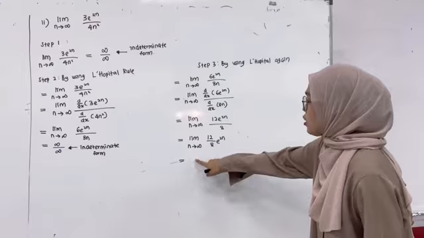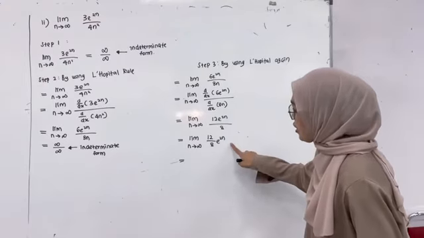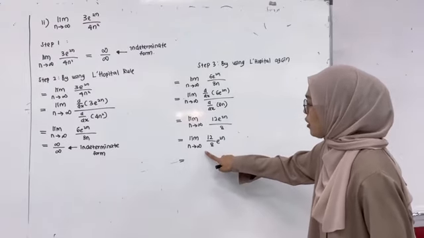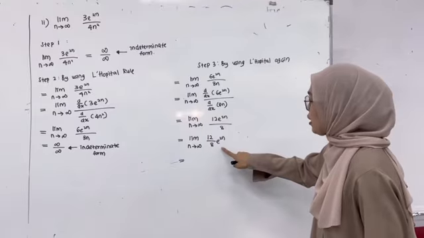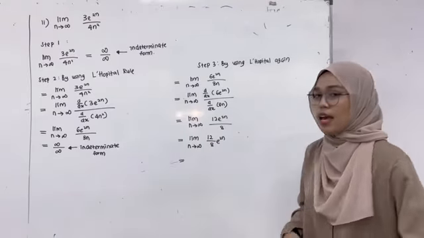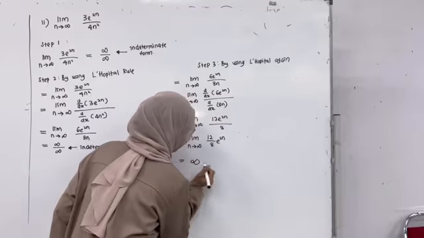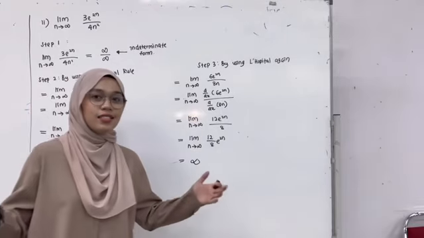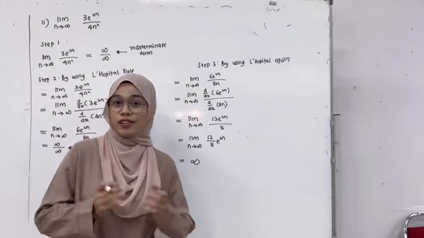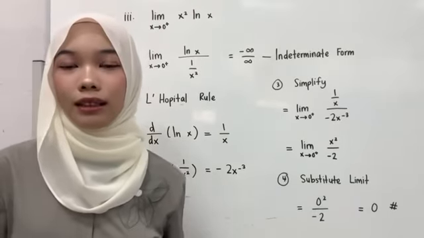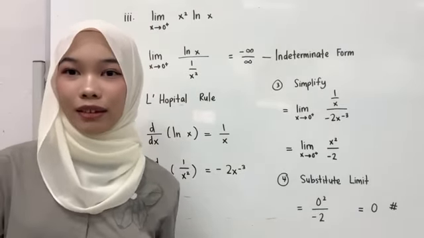Then I simplify this to the limit as n approaches infinity of 12 over 8 e^(2n), and the last answer you will get is infinity. And this is the final answer. And you are done.